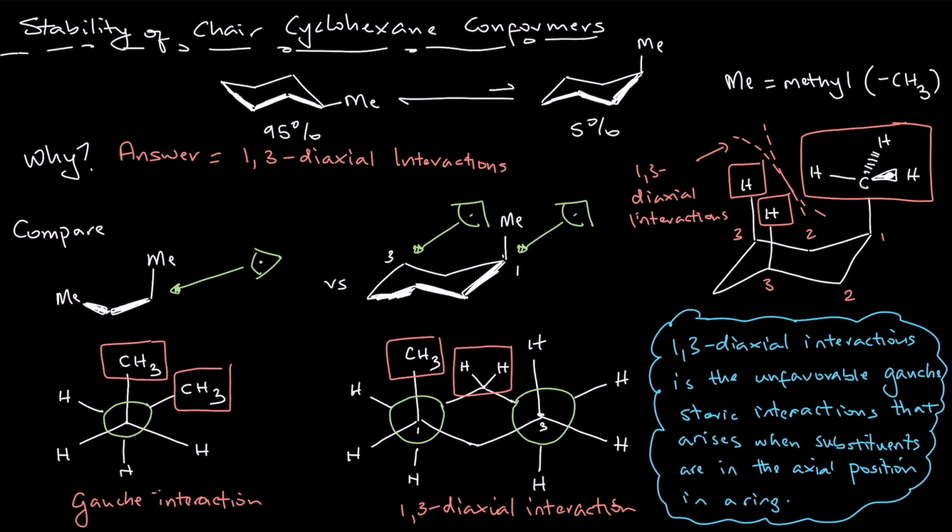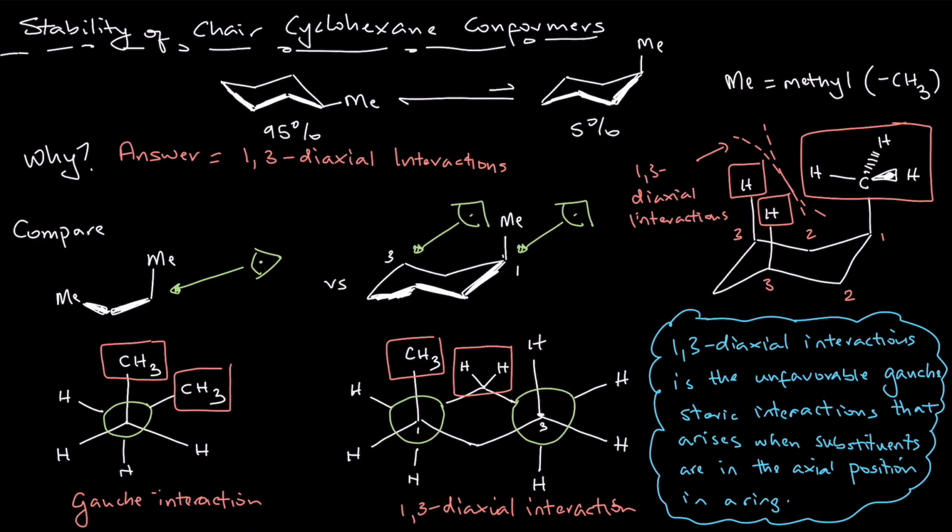And so it would make sense that the larger the group, let's say you go from a methyl to a tert-butyl, that 1,3 diaxial interaction will be even more and more severe. Okay, so that's really it about the stability of chair conformers in general. Not always, but in general, the substituents would prefer to be in the equatorial position in order to completely eradicate these 1,3 diaxial interactions.